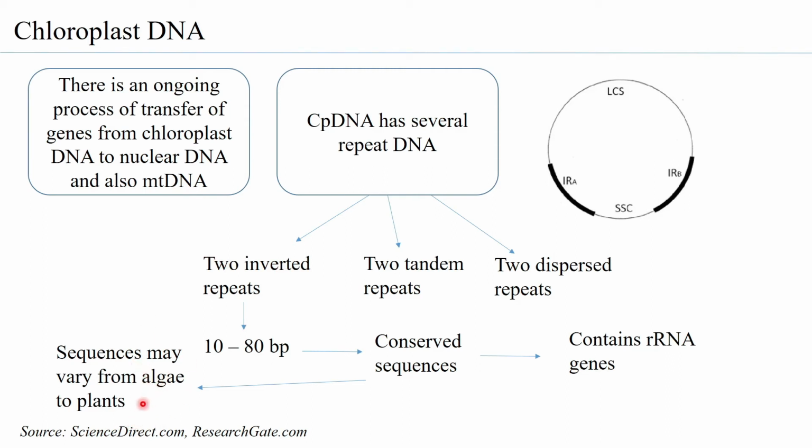Not just different in terms of sequence, but also in terms of positioning. So it's not necessary that they are positioned in the same way. Now, another aspect that becomes important is because these conserved sequences contain the rRNA genes, therefore rRNA of even the chloroplast can be used for identification of certain plants or for identification of certain algae, etc.